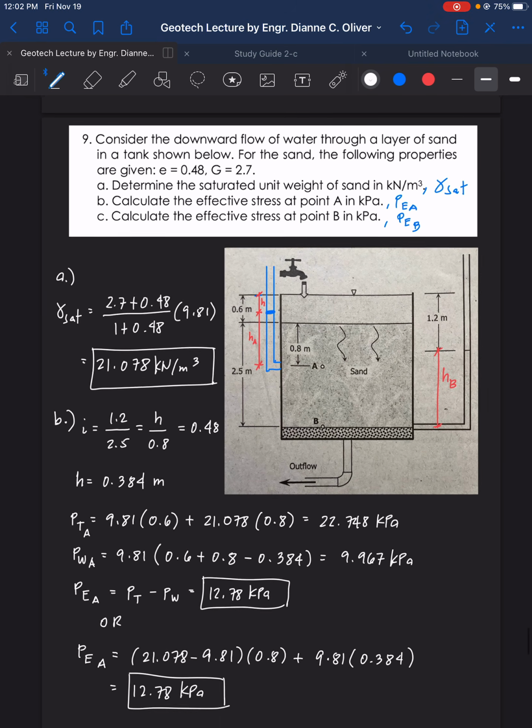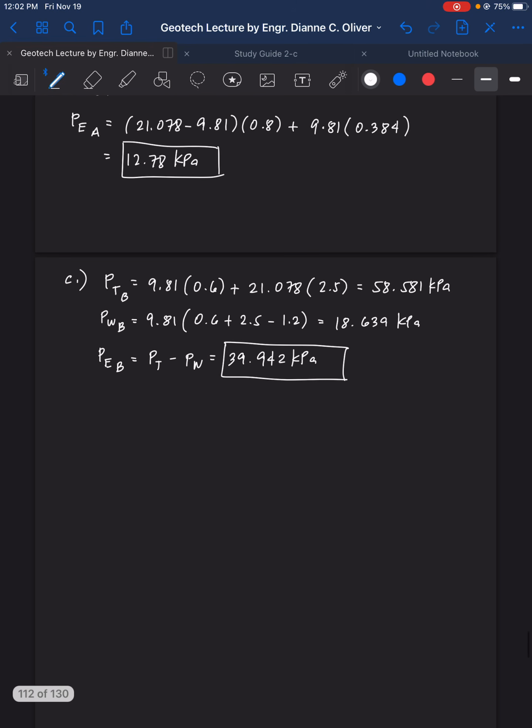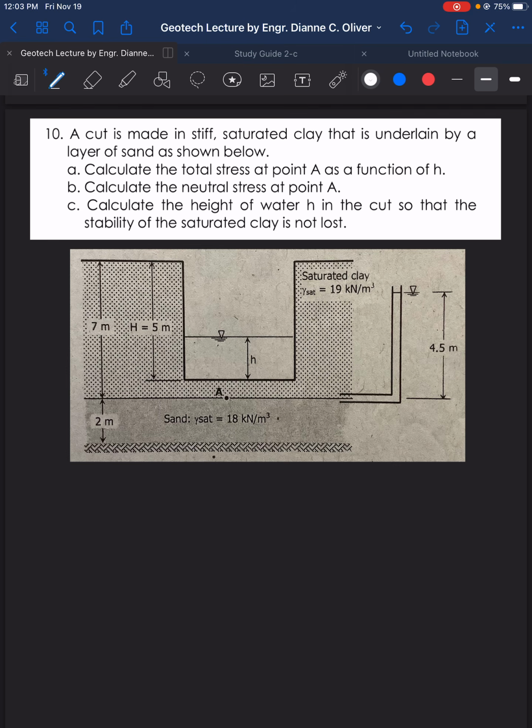Okay, so we're done with number 9. Let's go to number 10. A cut is made in stiff saturated clay. So originally, this is a clay layer.